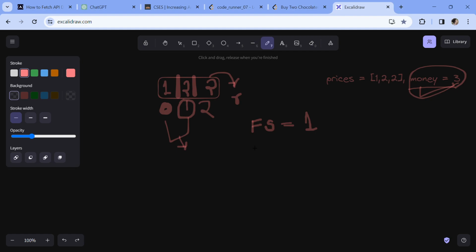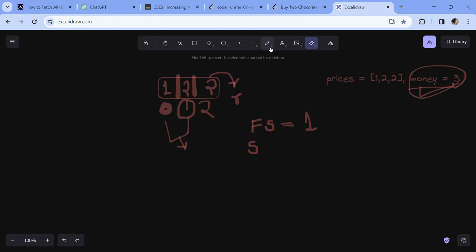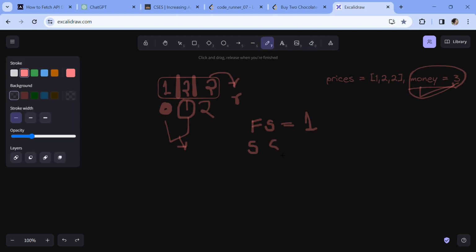So I will write 1. Then we have the second smallest, which I will represent with ss, which is 2.